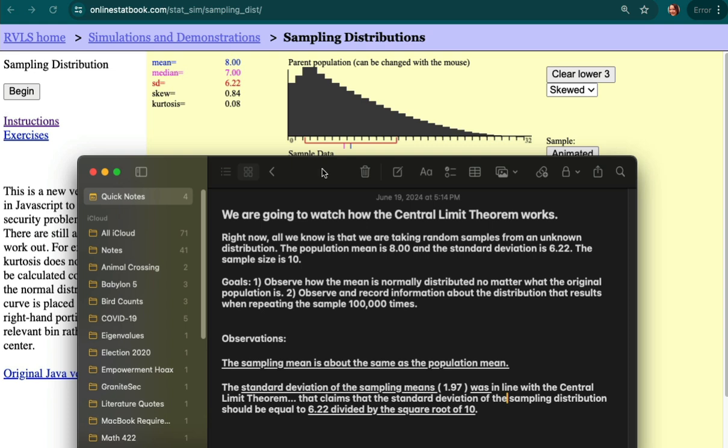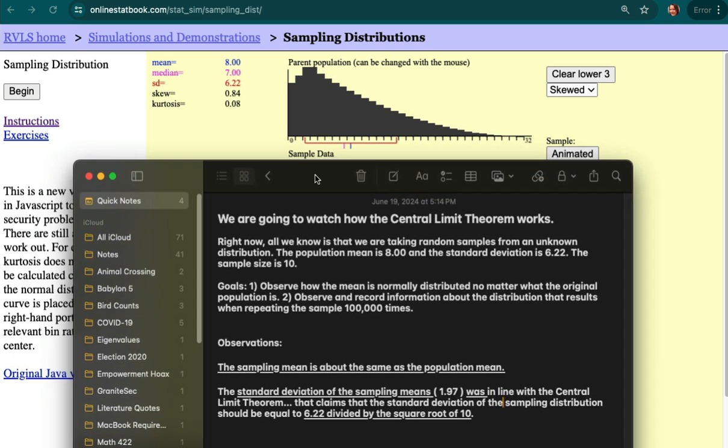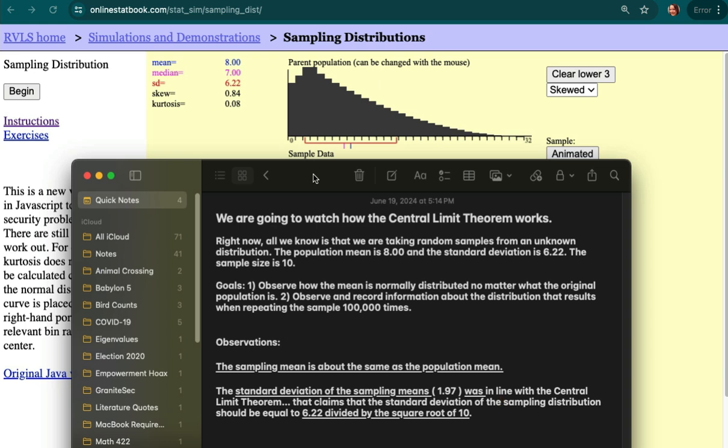Instead of just looking at the data itself and trying to understand what the data is saying, we want to also understand what the original population is that data came from.